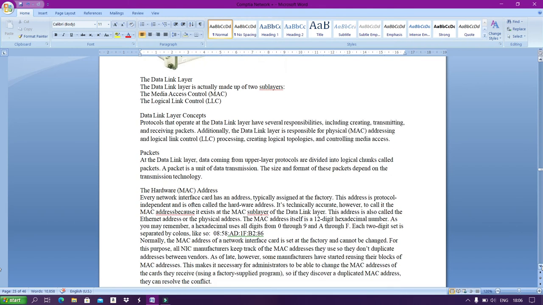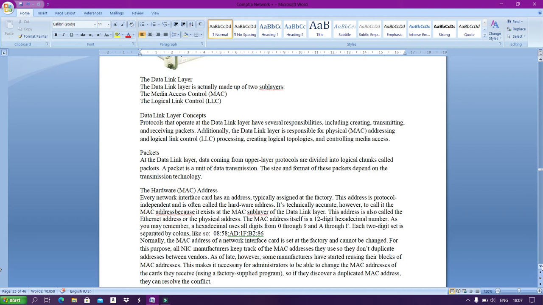The data link layer. The data link layer is actually made up of two sublayers: the media access control (MAC) and the logical link control (LLC). Data link layer concepts. Protocols that operate at the data link layer have several responsibilities, including creating, transmitting, and receiving packets.